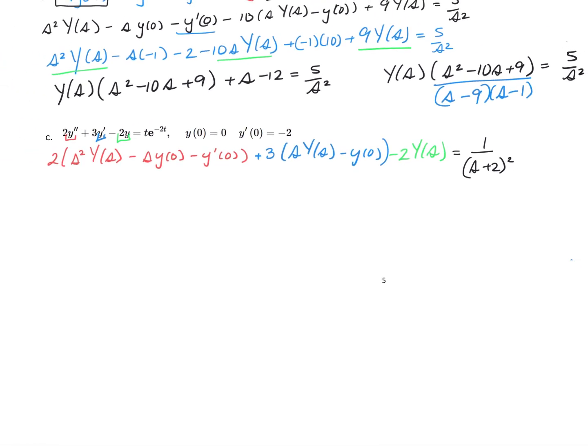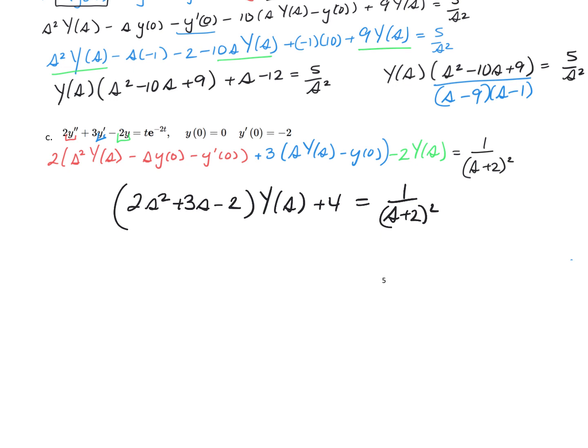Once again, I'm going to combine like terms. So I distribute the 2, I distribute the 3, and what I'm going to end up with is 2s squared plus 3s minus 2 multiplied by cap y of s plus 4 is equal to 1 over s plus 2, the quantity squared.